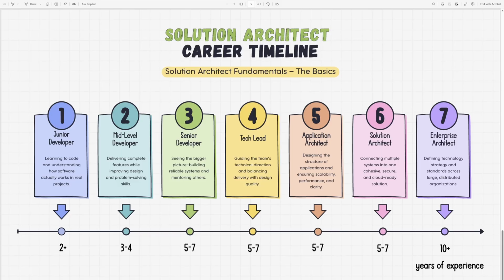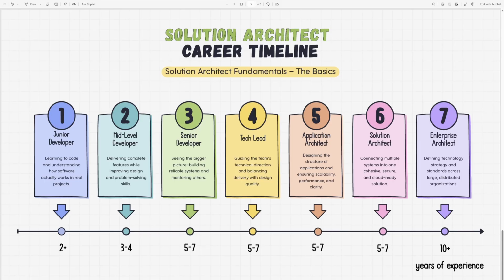Then comes the tech lead stage, guiding your team's technical direction and balancing delivery with design quality. From there, you evolve into application architect, designing the structure of applications and ensuring scalability, performance, and clarity. Finally, you step into the solution architect role, connecting multiple systems into one cohesive, secure, and cloud-ready solution.